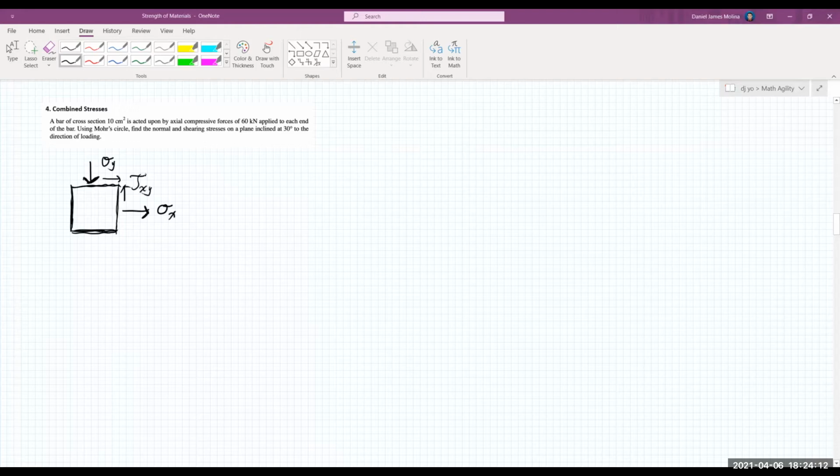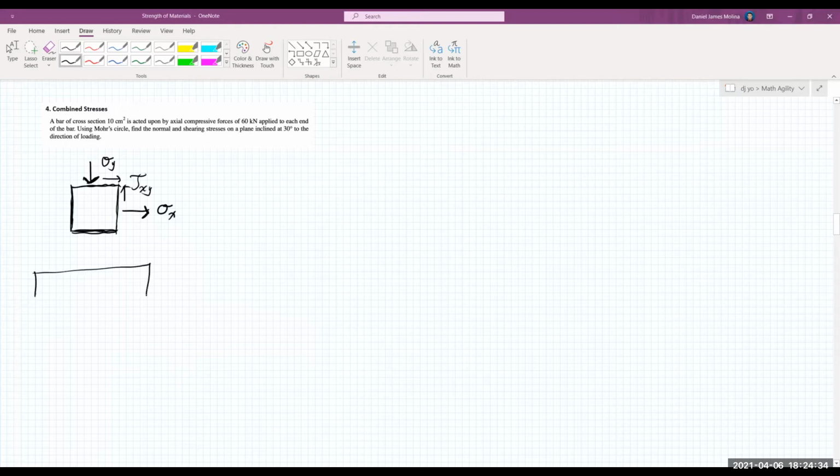So before we start drawing the Mohr circle, we must first solve the values of these variables. The problem shown has an axial compressive force of 60 kilonewtons applied to each end of a given bar. So it's like this.